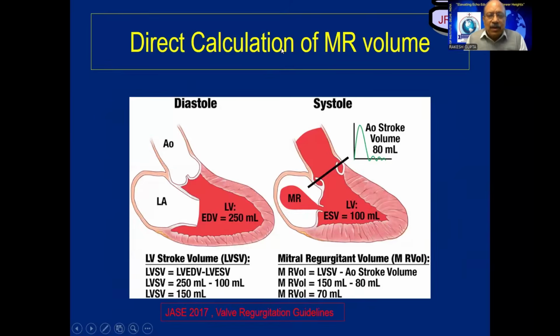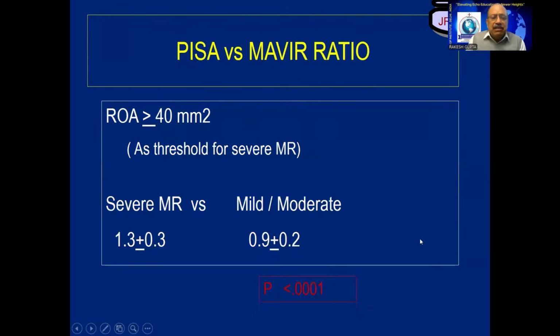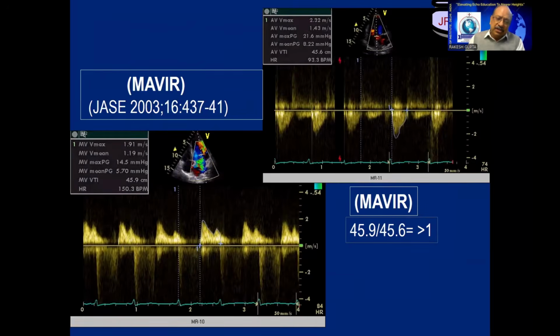Instead of doing an LVOT diameter or mitral valve diameter, I forgot about all these parameters. I looked at the LVOT VTI and mitral valve VTI and calculated the mitral aortic velocity integral ratio. If it's more than 1.4, it means I'm dealing with severe mitral regurgitation.